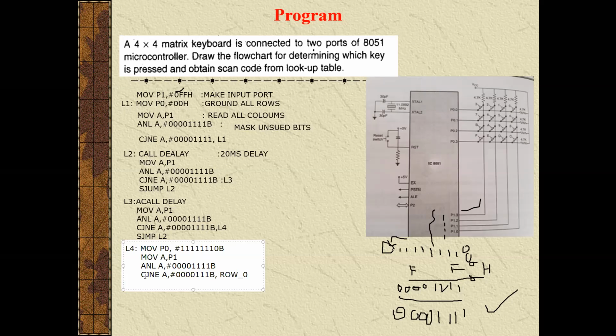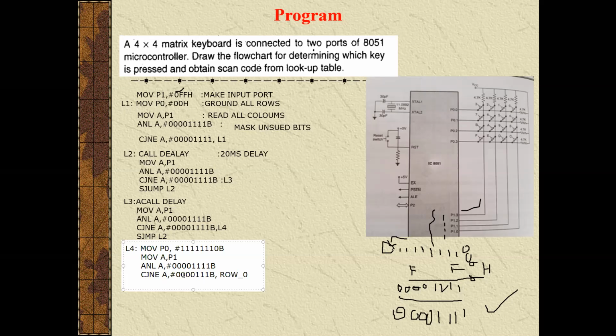Now I am performing an ANL, an AND operation, and after performing it, I check the result with this immediate data. If both are the same, there is no key pressed.